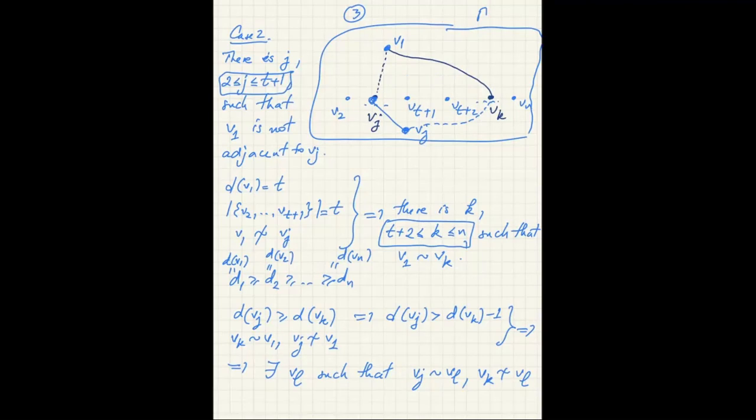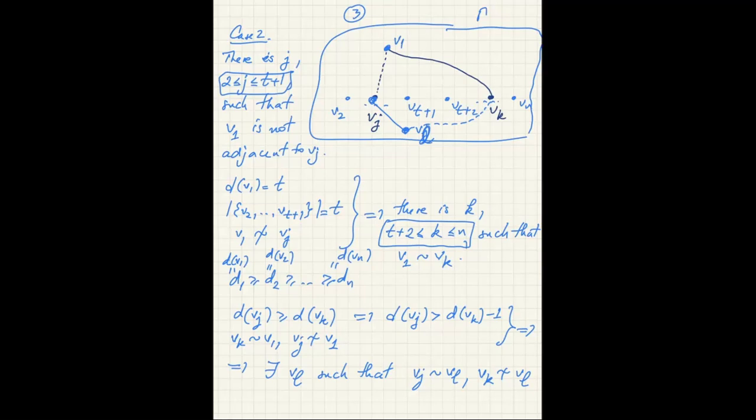Now Vk has one neighbor that Vj doesn't, so therefore Vj must have a neighbor that Vk doesn't, and that's this vertex. This is VL. And again, I don't know where L is, if it's between 2 and t plus 1 or t plus 1 and n. Anyway, that's our picture.